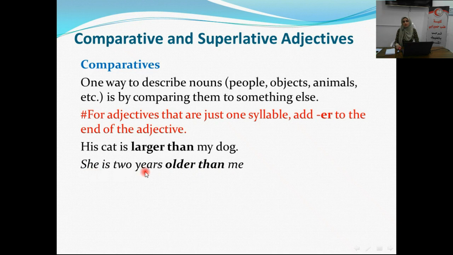I'm comparing myself with her. So concerning the age, I'm going to say she is 2 years older than me. With older, here we have the adjective with the comparative degree using the er at the end of the adjective and followed by than.